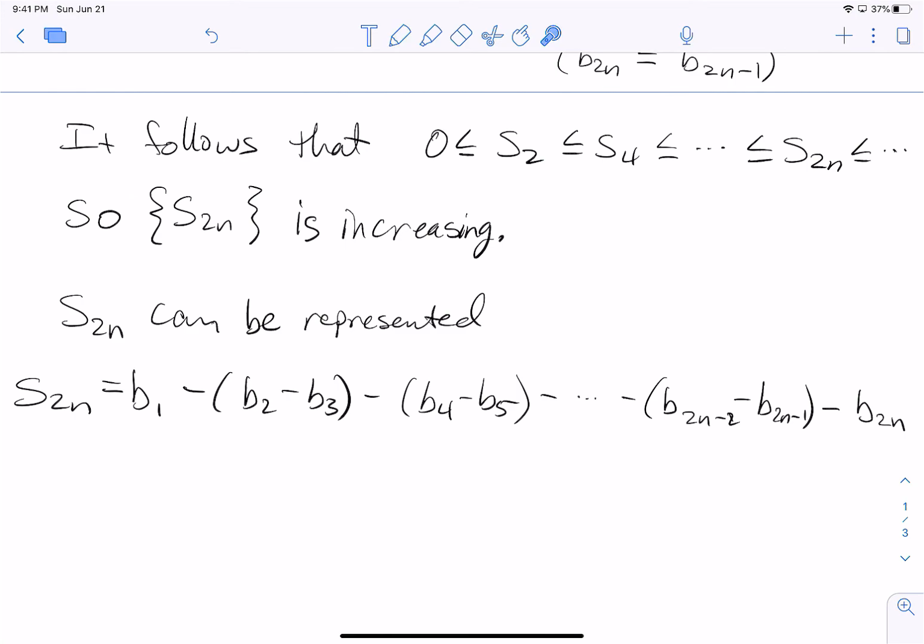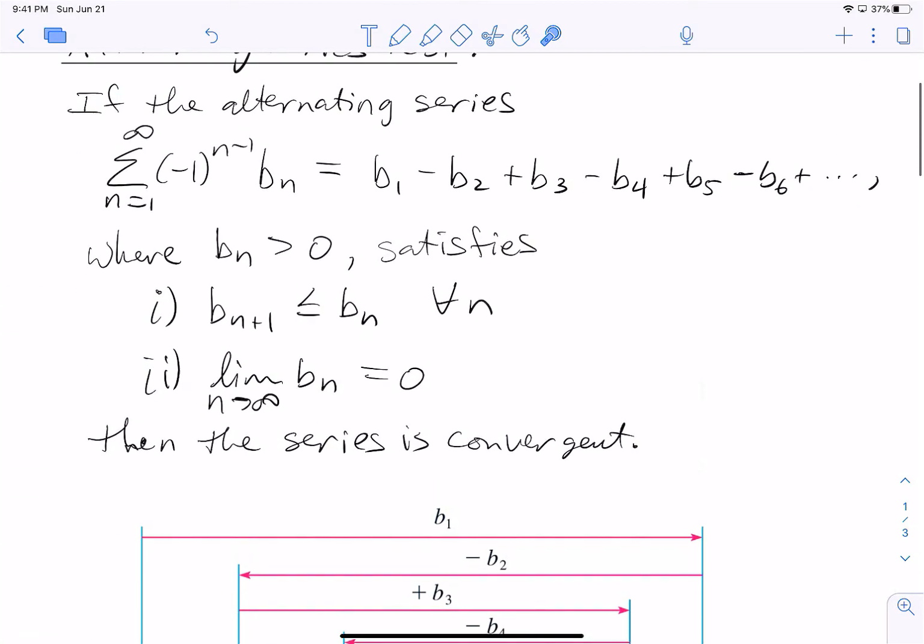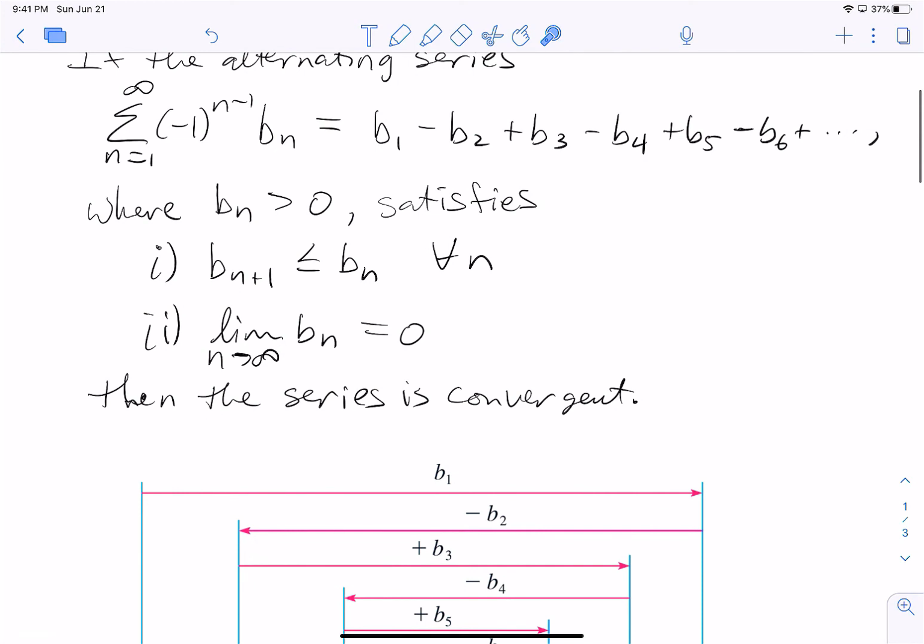Now this comes from, if you look back at our original expansion of the series, basically grouping up b_2 and b_3 and factoring out the negative. Likewise with b_4 and b_5, factoring out the negative, grouping them together.